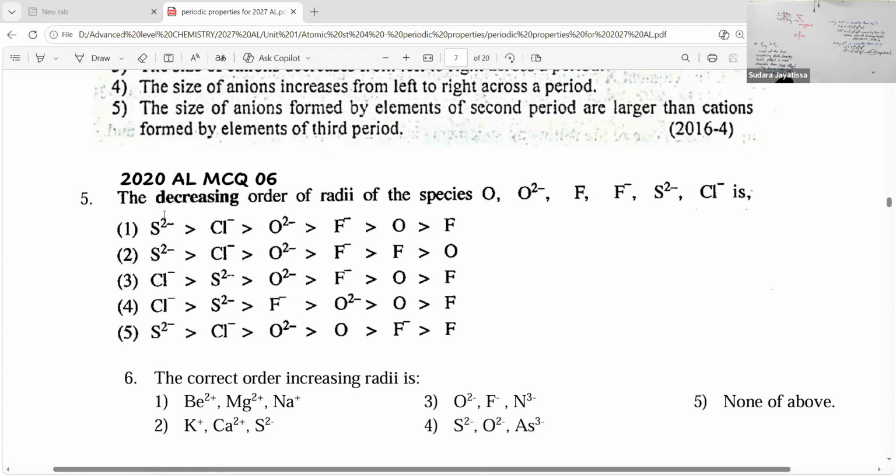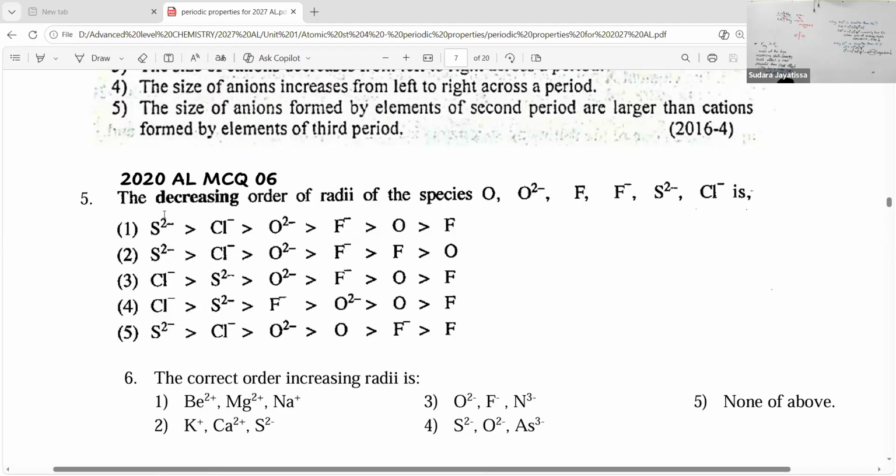Okay, what is the answer? For anions, apply mirror descent. You don't have to worry, it can be applied for any anion set. Apply it and find out which one is the largest and which one is the smallest.